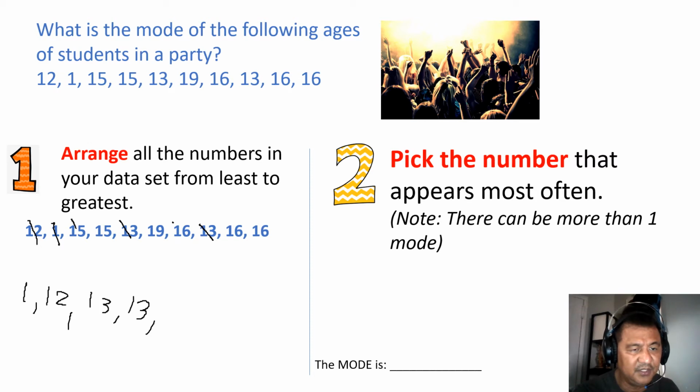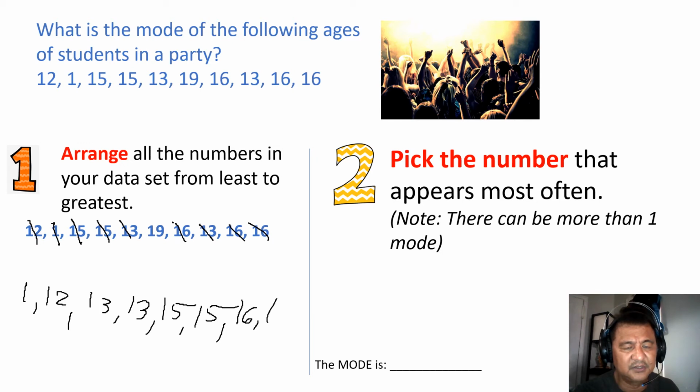Oh, the 15s. There are two 15s. What else? There's a 16, 16, 16. Wow, there are three 16s. And the oldest one is a 19-year-old. So again, how do I get the mode? You don't do median. We're not after the median.